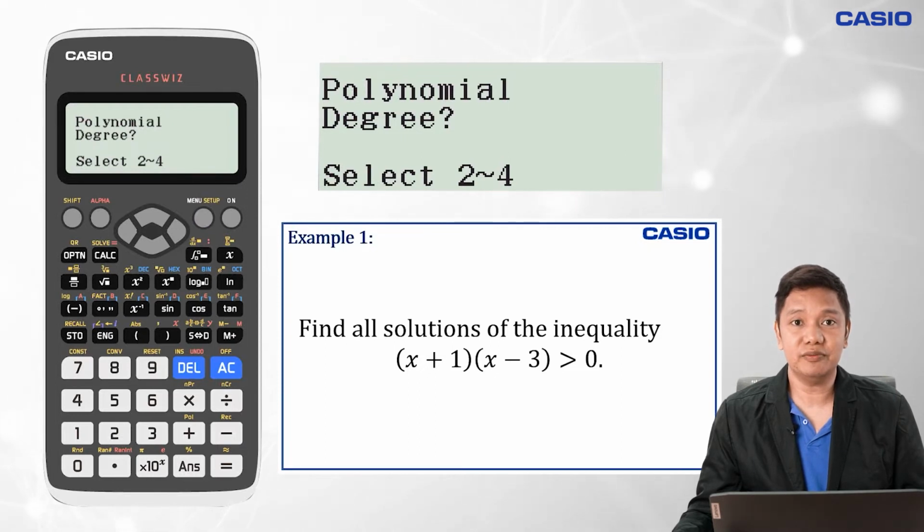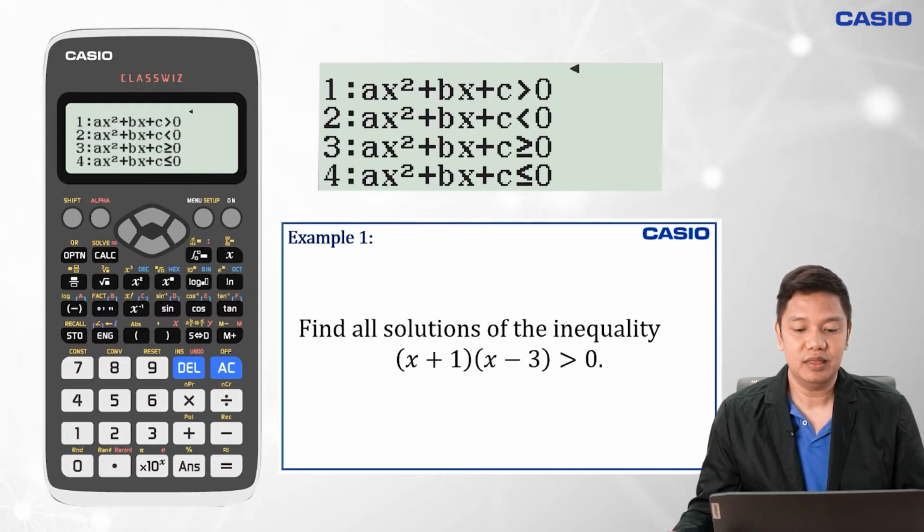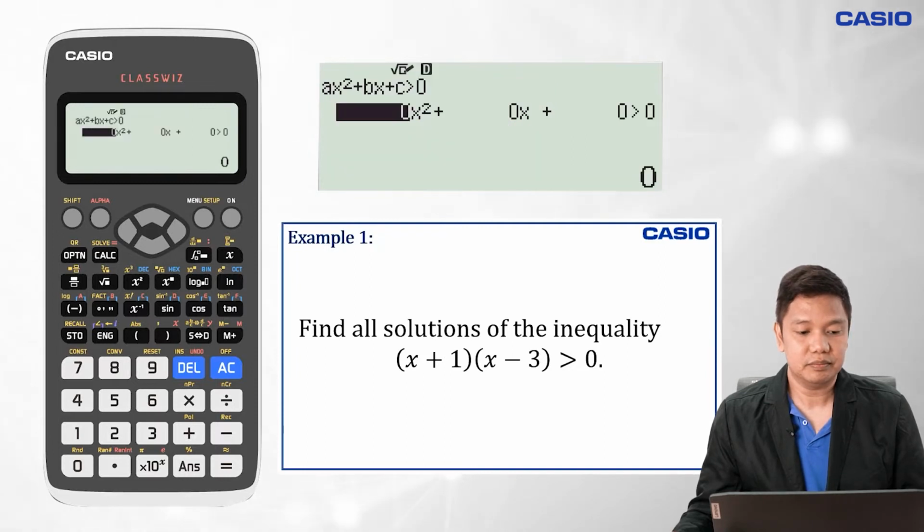And then we are asked for the degree of the polynomial. Since the degree is 2, we need to press 2. We need to select what type of inequality we are going to use. Since the given is greater than, then we need to press 1.